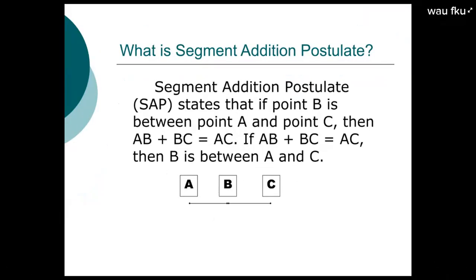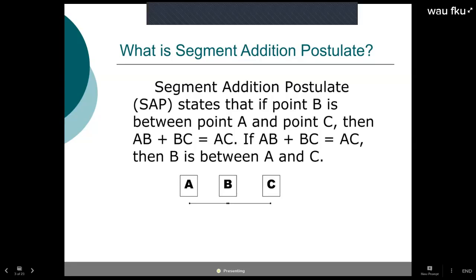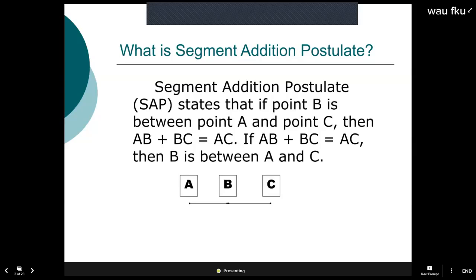If AB plus BC equals AC, then B is between A and C. In other words, if you were given the segment lengths of AB and BC, you can prove that when you add AB plus BC, if it equals AC, then B is in between those 2 points. We aren't going to do a lot with proofs for a little bit. We're going to just get some concepts down first, because I think that would be very helpful.